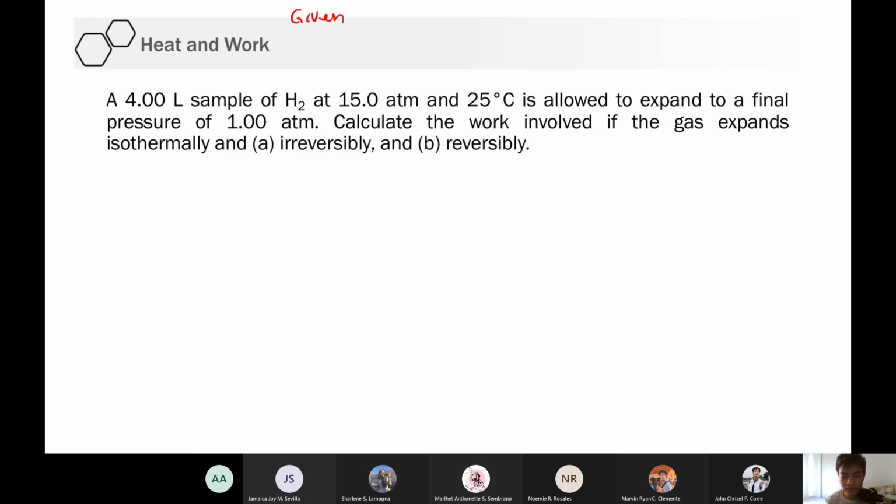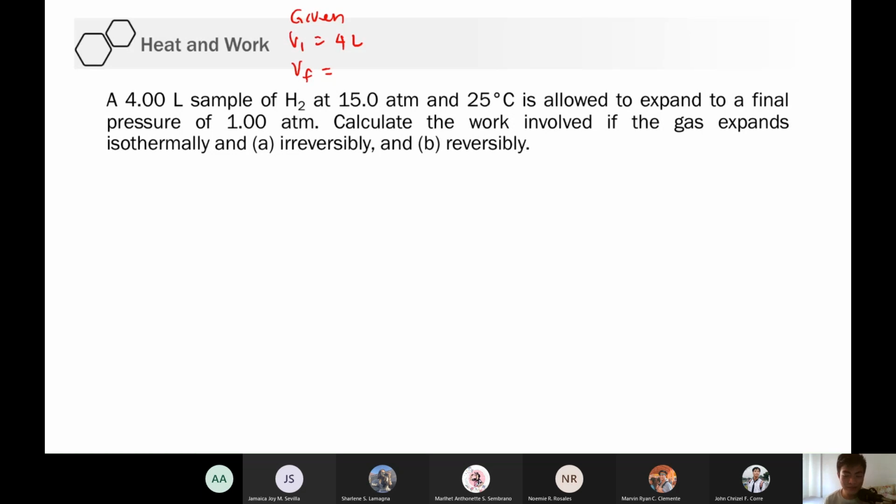So, initial volume would be 4 liters. Ibig sabihin, kailangan mo final volume. May sinabi? Wala. Nawawala final volume. Tapos, mapapansin mo, dalawa yung pressure na binigay. Di ba kanina isa lang? Paano kaya yun?